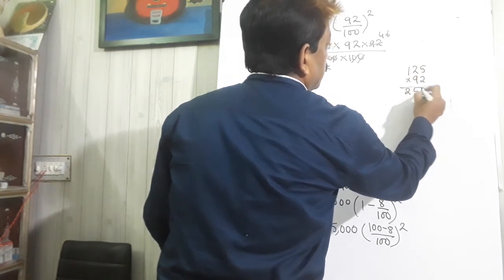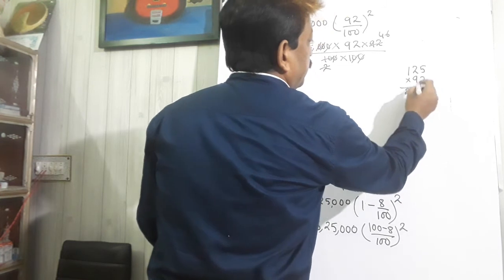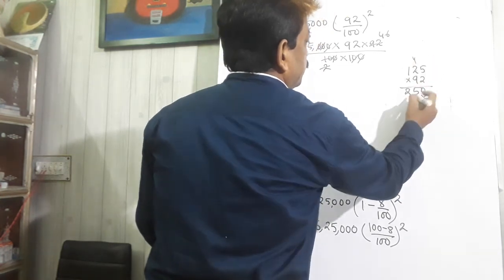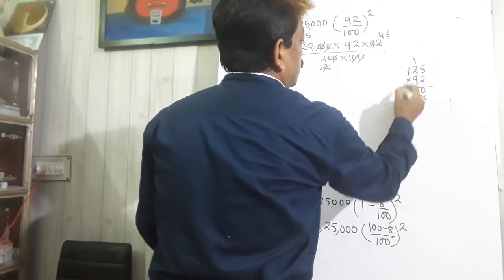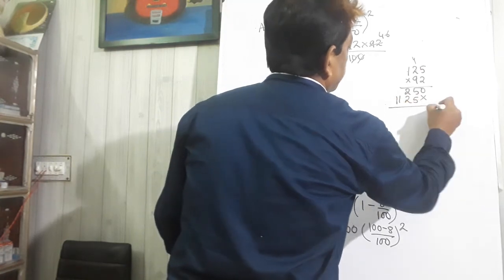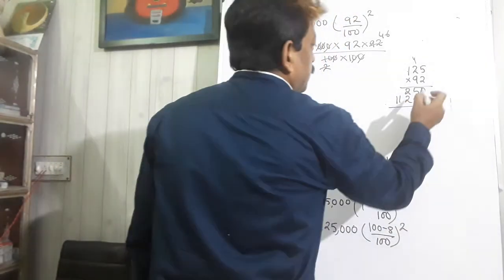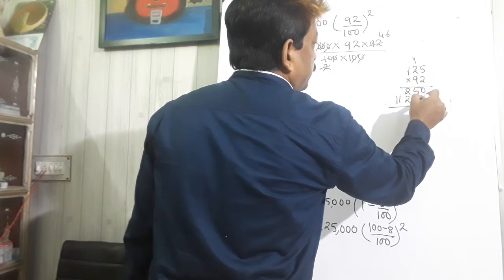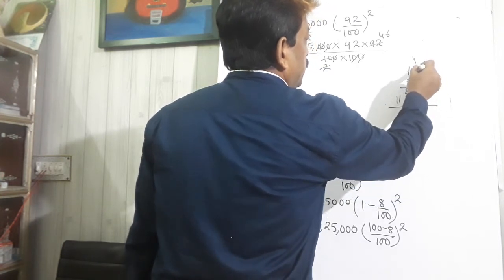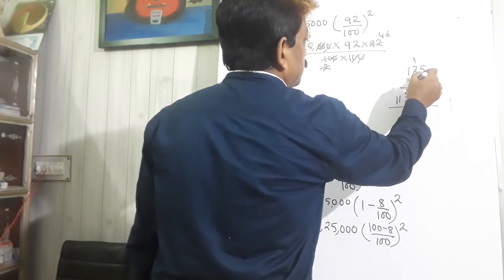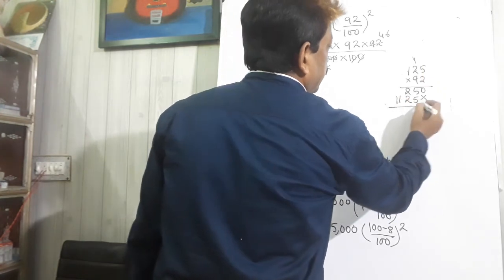9 5s are 45, balance 4. 9 2s are 18 plus 4, 22, balance 2. 9 1s are 9 plus 2, 11.